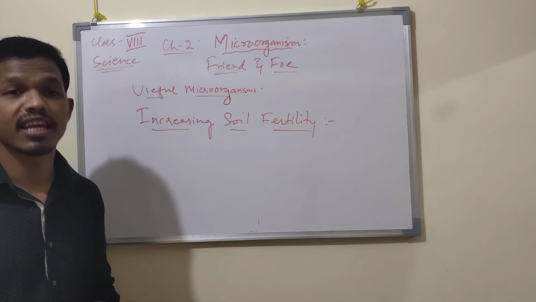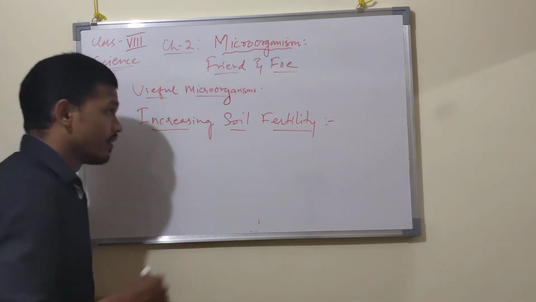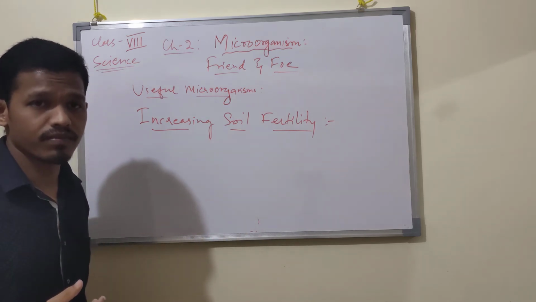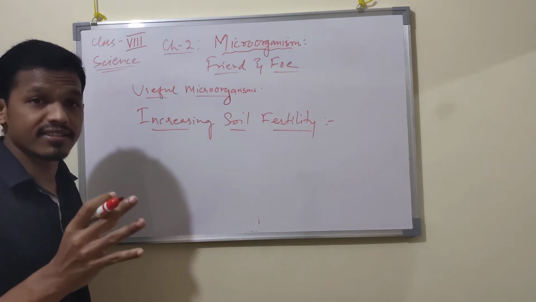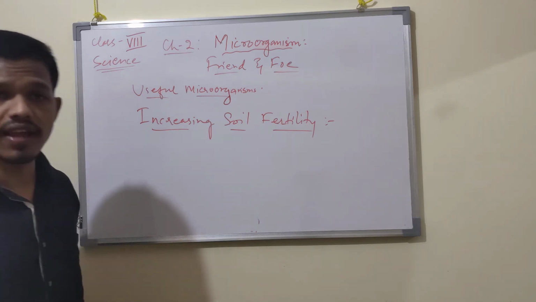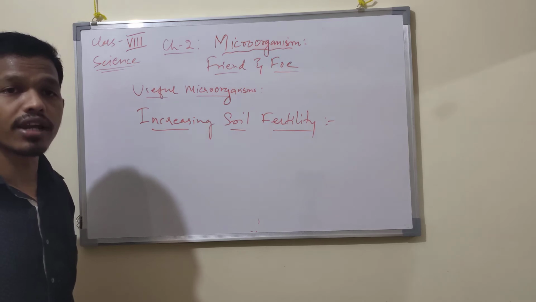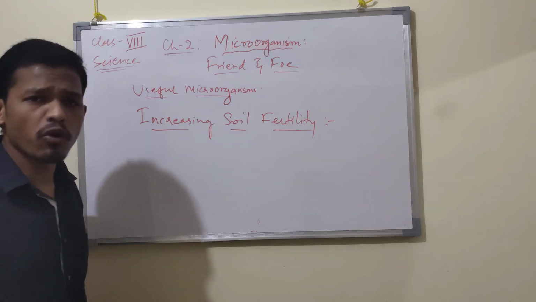These microorganisms help us. What happens if you throw any waste product, or if any animals die and the dead bodies are thrown outside? These dead bodies are eaten by some microorganisms.